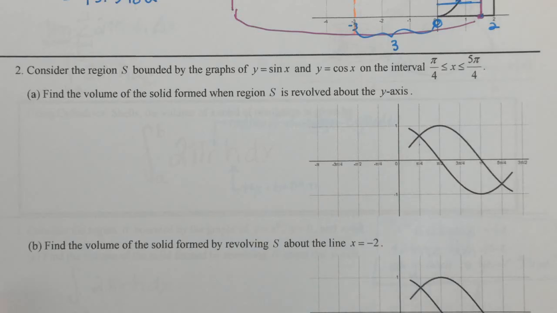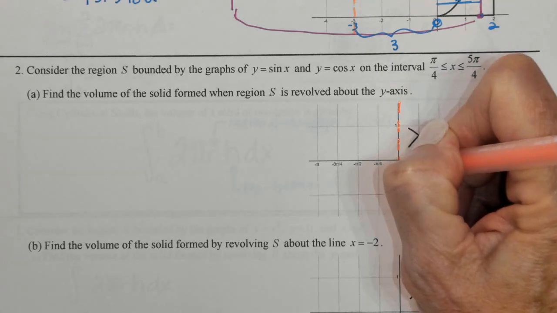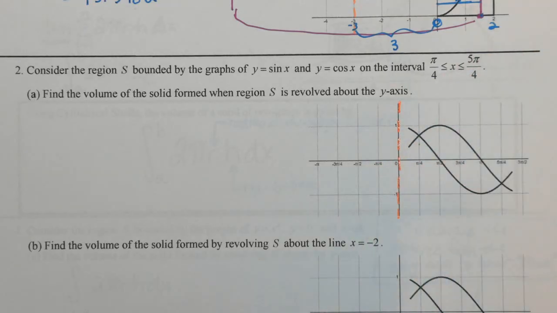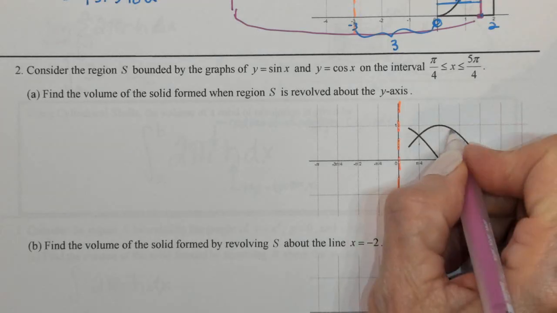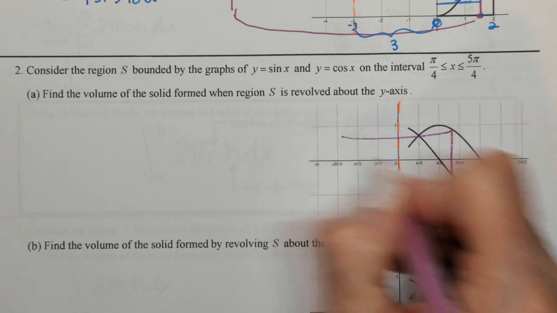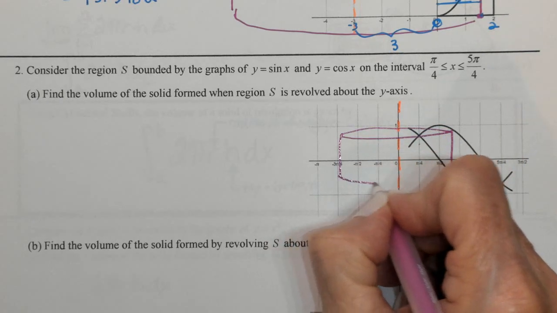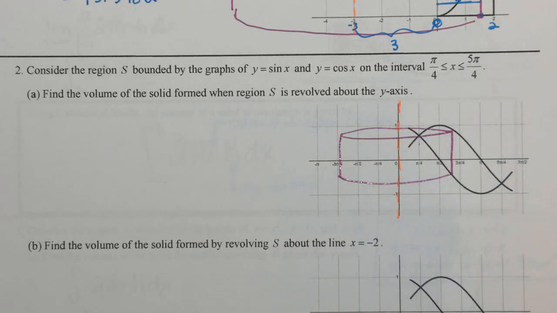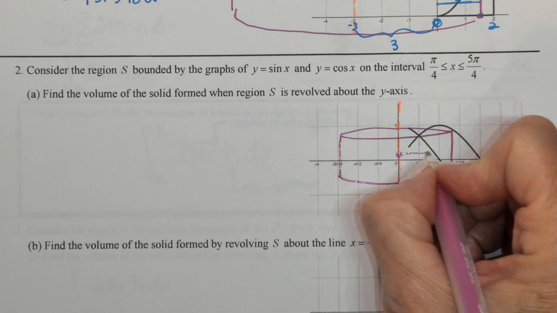So here's the y-axis. I'm going to make a single slice and revolve it around that y-axis, just so I can see the cylinder. I need to be able to see the radius. So here's the radius of the cylinder.